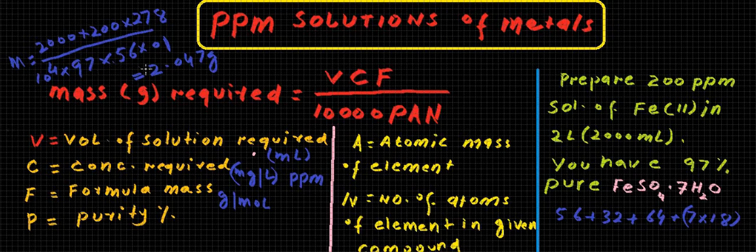So if we take 2.047 grams of 97% pure iron sulfate and dissolve it in 2000 ml, we will have a solution of iron 2 with a concentration of 200 ppm.